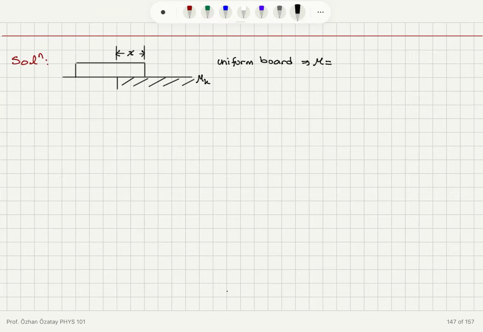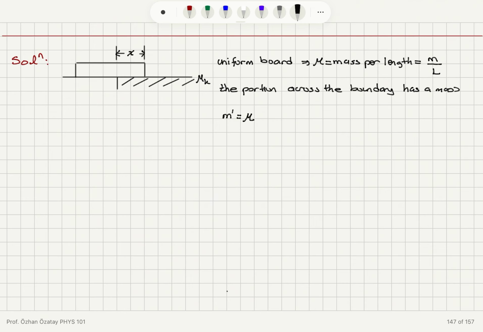So if we calculate the mass per unit length, mu, it is the total mass of the board divided by the total length of the board. So the portion that has crossed the boundary will have a mass, let's call it m prime, which is mass per unit length times the distance we have traveled, x.